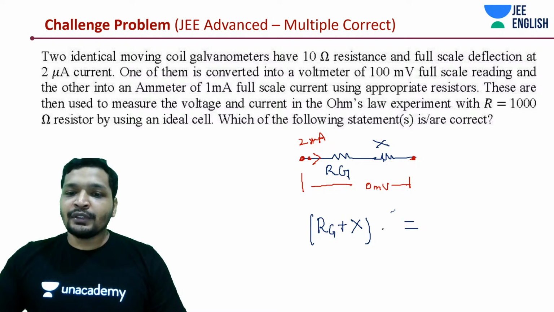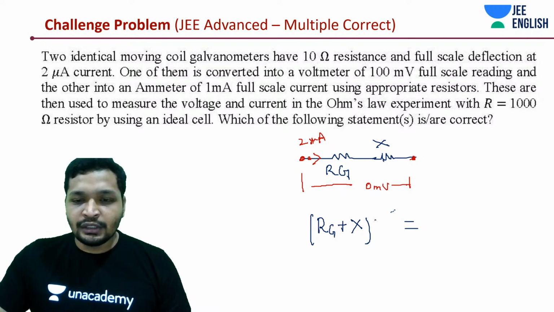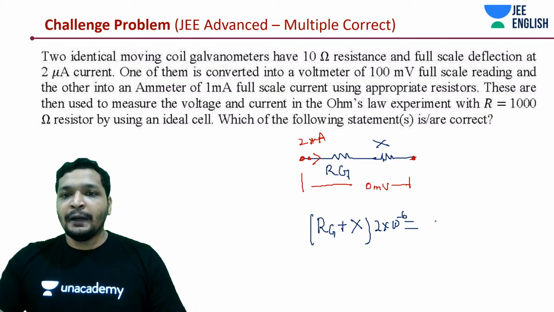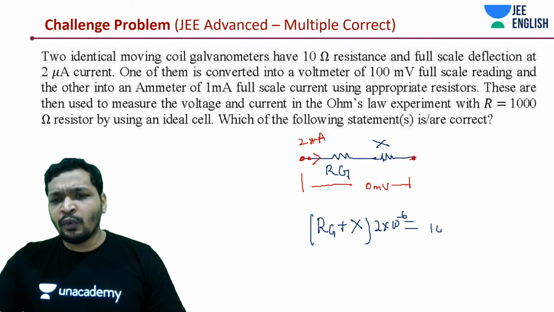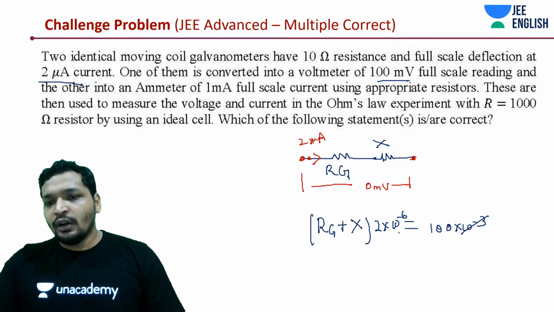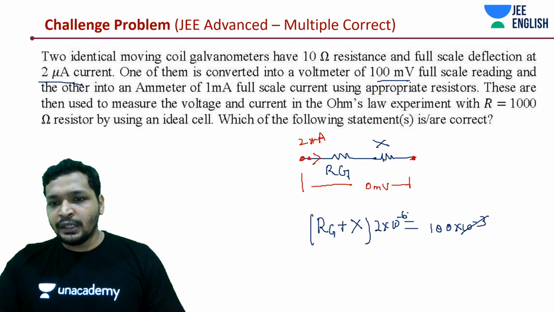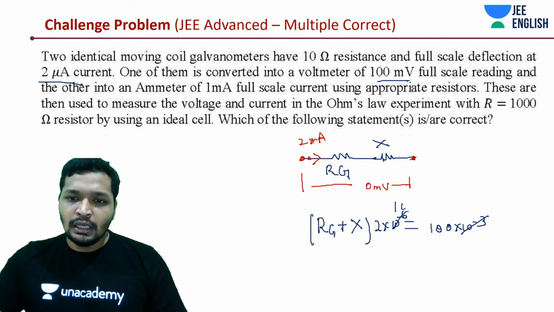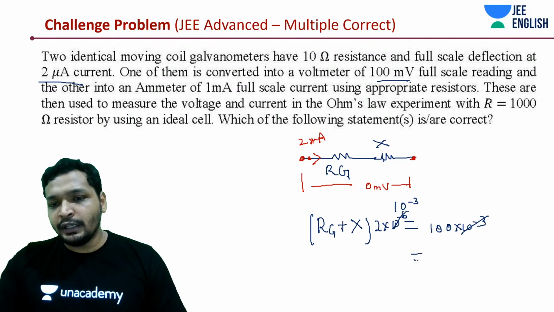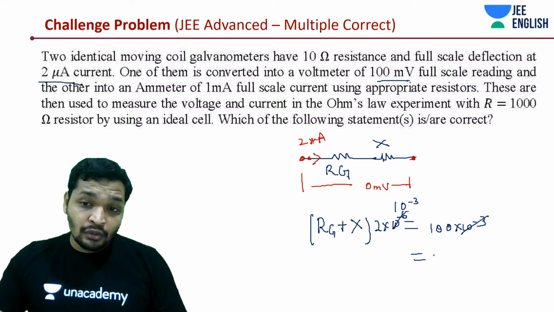Okay, so proceed and try to calculate this value. This is 2 microamperes, 2 into 10 to the power minus 6. And how much is the voltage it can measure? 10 into 10 to the power minus 3 volts. Basically, substitute the value of 100 millivolts and 2 microamperes. That's all I did over here. And this is going to be 10 to the power minus 3, and that is going to be 10 to the power 5 divided by 5 and divided by 2.